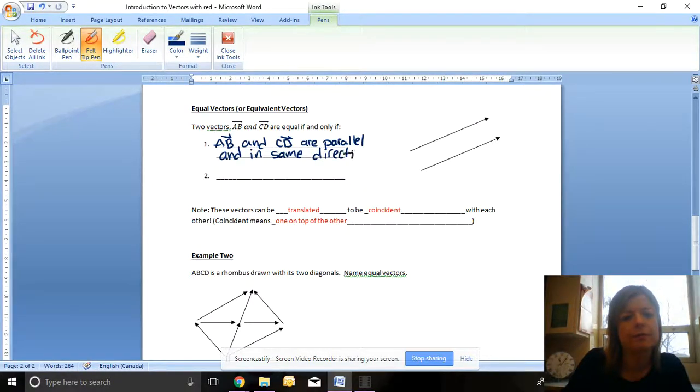Okay, so that is the first criteria. And the second criteria is that the magnitude of AB is equal to the magnitude of CD.